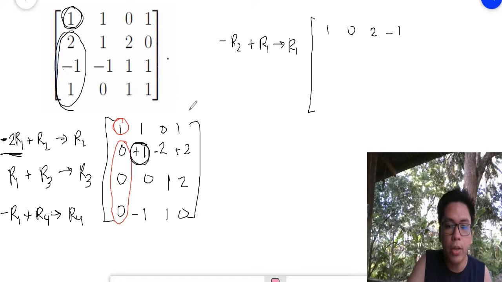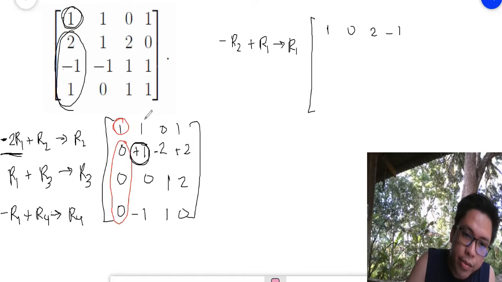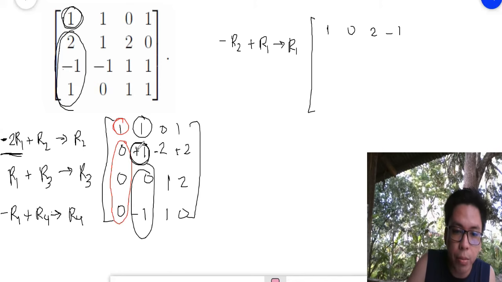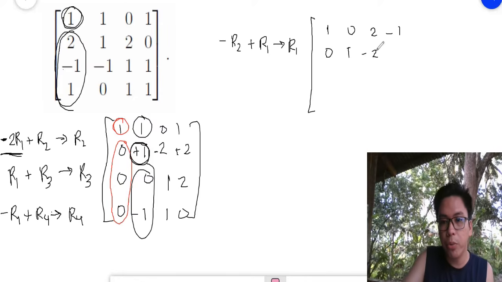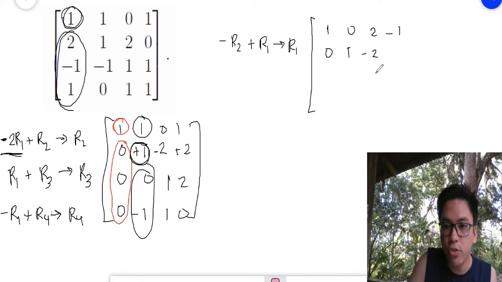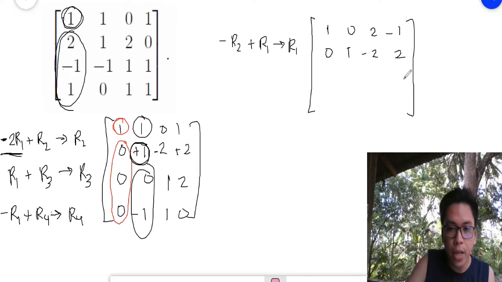So my goal here is that this will be 0, this here will be 0, and this will be positive 1. I'm just going to copy row 2 here because I did not do anything on row 2, except use it to change the other rows. Now to achieve R3, oh, okay, we don't have to do anything on R3.